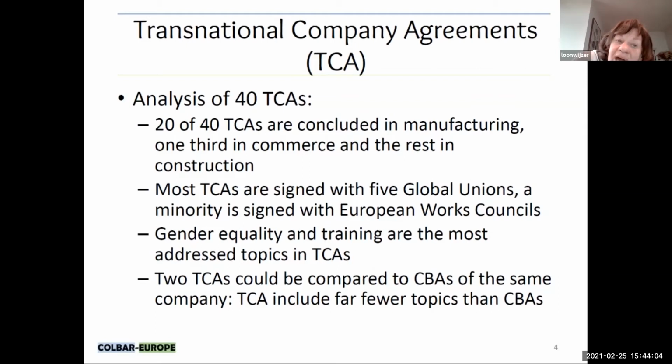We also looked at transnational company agreements. We coded 40 transnational company agreements.